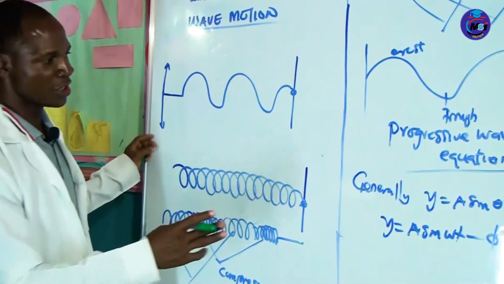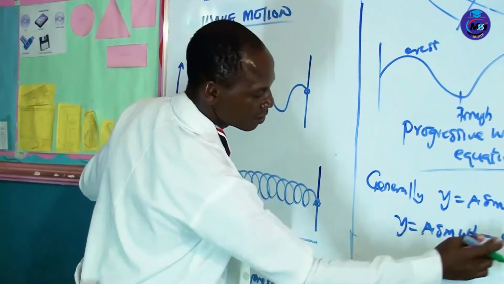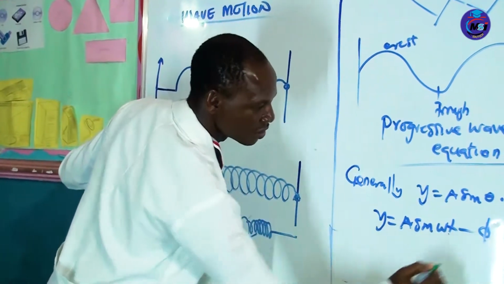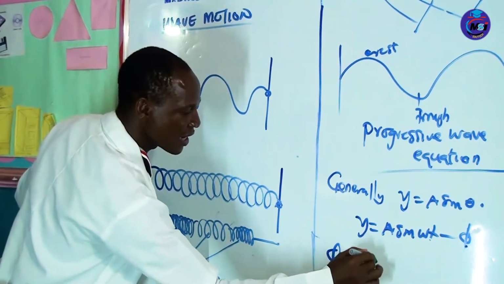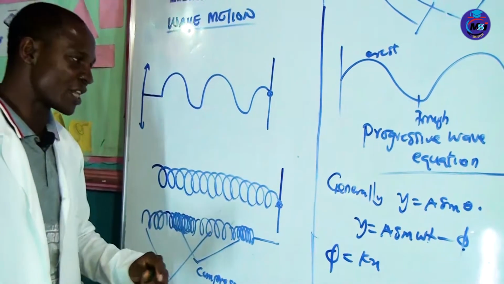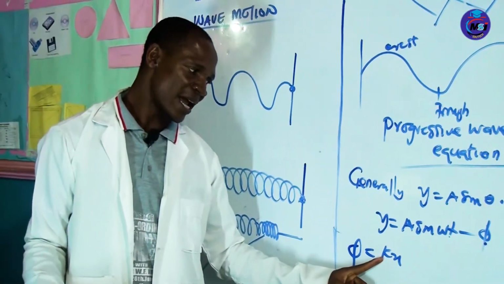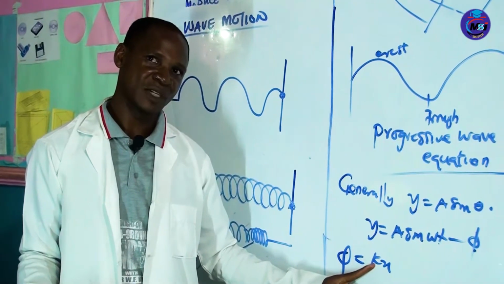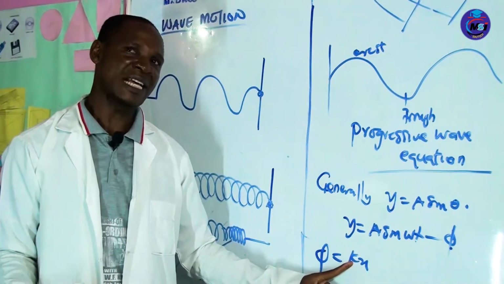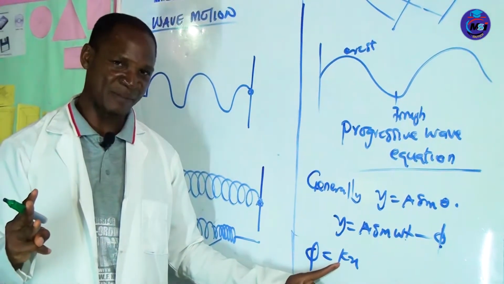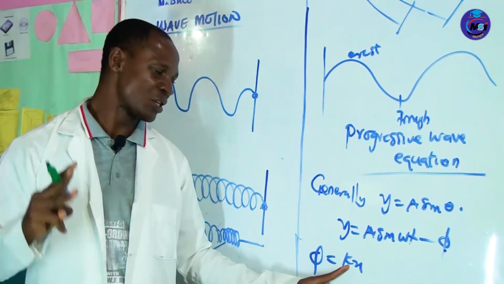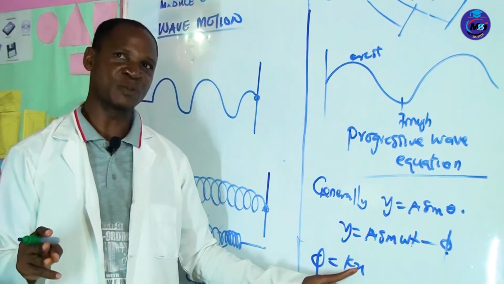Now let us see what this represents. Our phi stands for kx, where k is the wave number. That means the number of waves in a unit distance; that's the meaning of wave number, where x is the displacement.